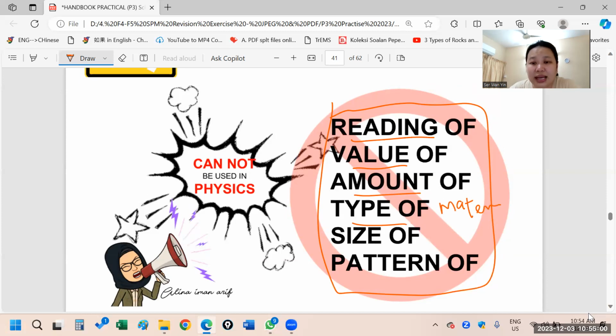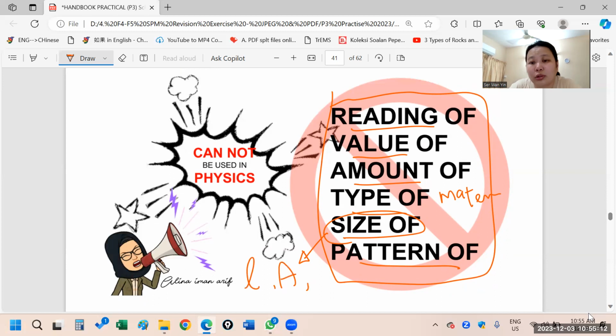Size, pattern, these cannot be used either. Size can be described more properly, like length, area, or volume. So don't use size.